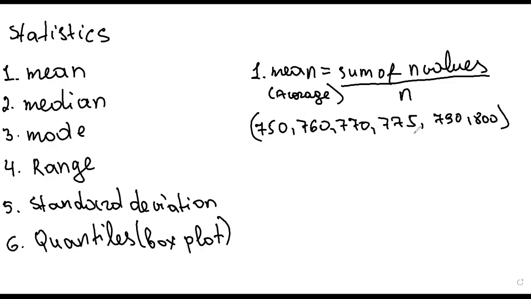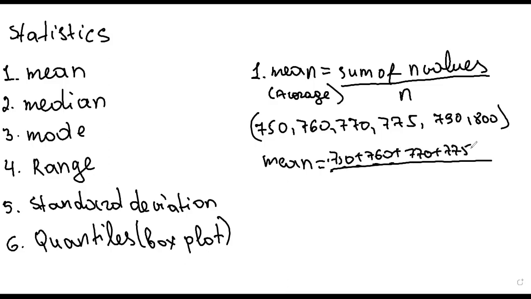If we want to find the mean of this result, we just use our formula. Add all of these numbers: 750 plus 760 plus 770 plus 775 plus 790 plus 800. So we have 1, 2, 3, 4, 5, 6 numbers. Then we use our calculator to find this.